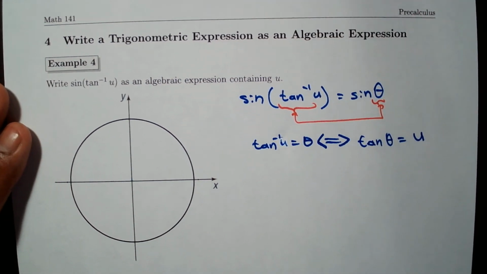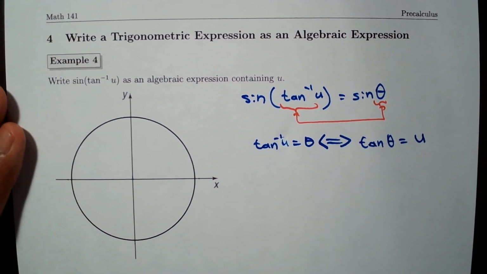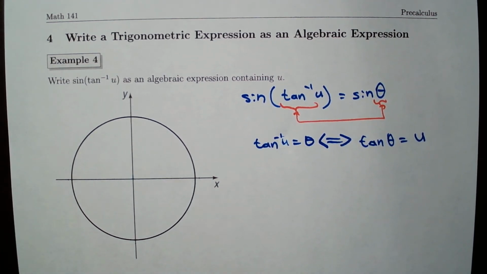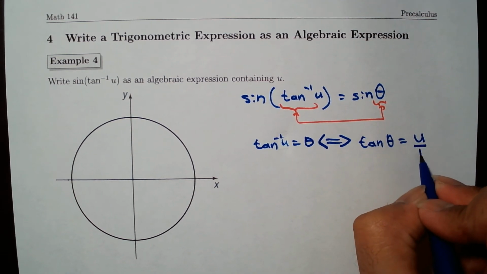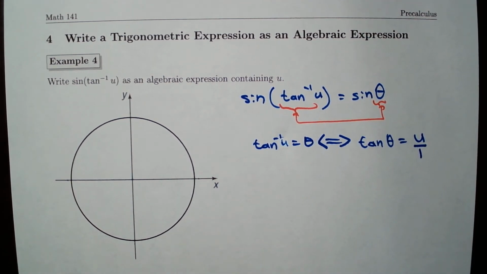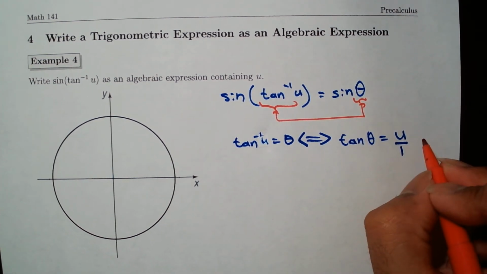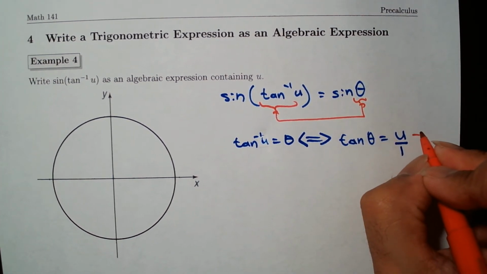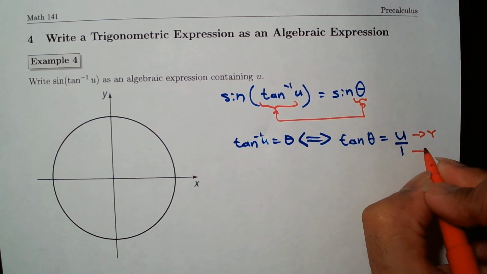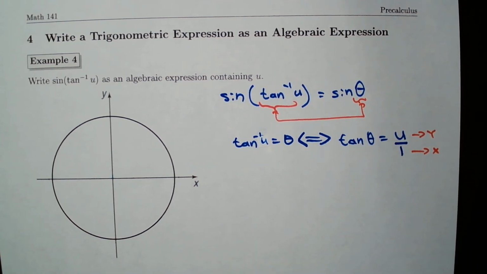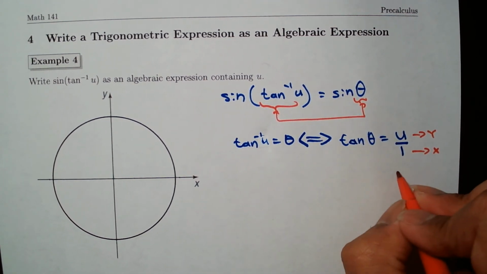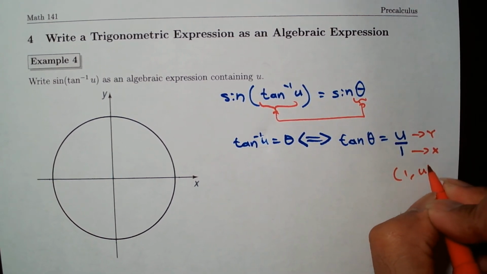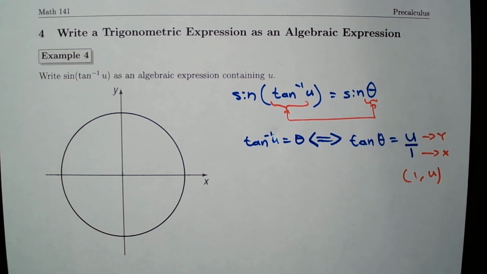Now the tricky part when it comes to writing these expressions, I highly recommend you write this u as u over 1. Why? Because this way we can write this as a ratio. This is y and this is x. And this will give rise to the point 1 comma u. Whatever that u is doesn't matter, it's an expression actually, not a numerical value.